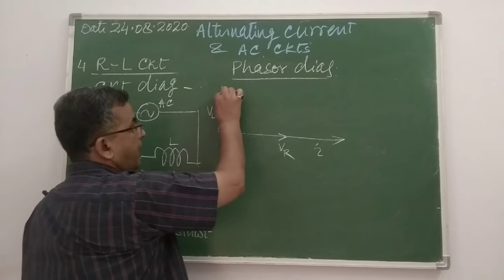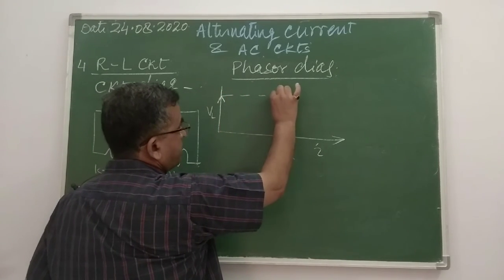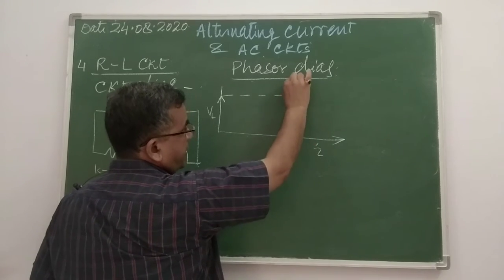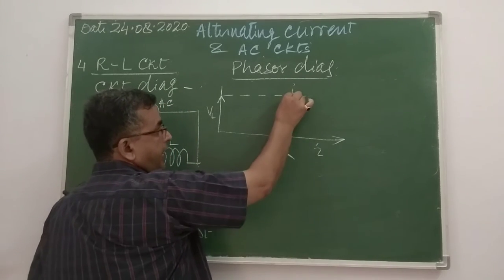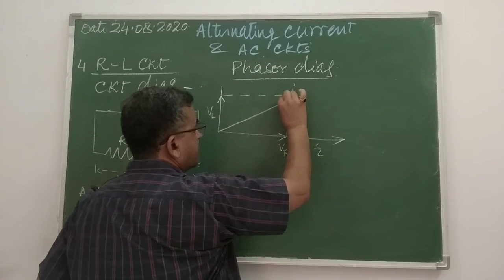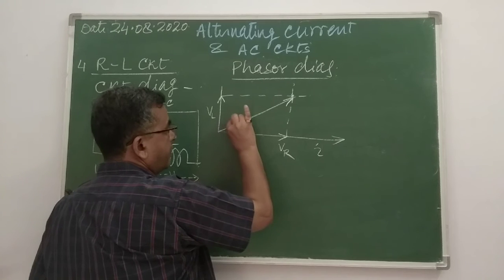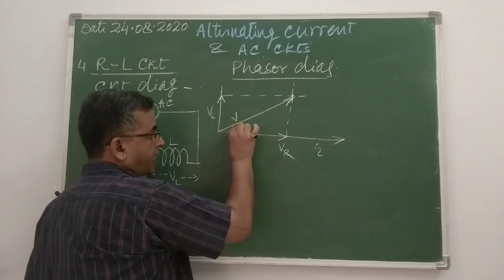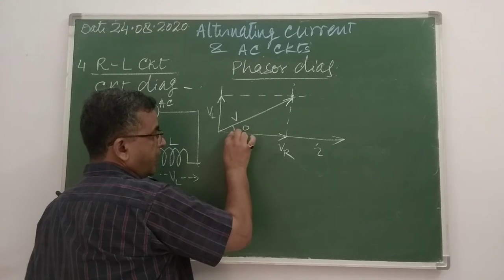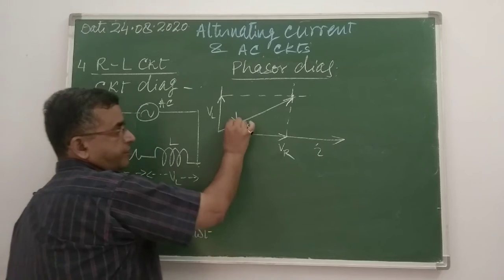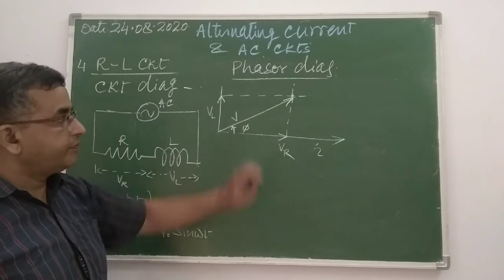We complete the parallelogram in this manner, drawing parallel lines, and it is like this. At this point of intersection, this is the resultant voltage. The resultant voltage is at phase phi with the current.